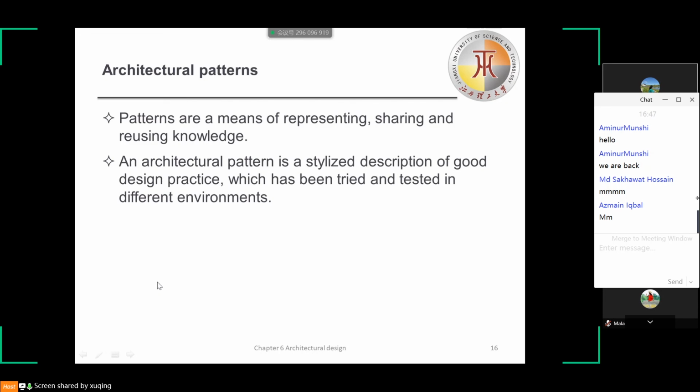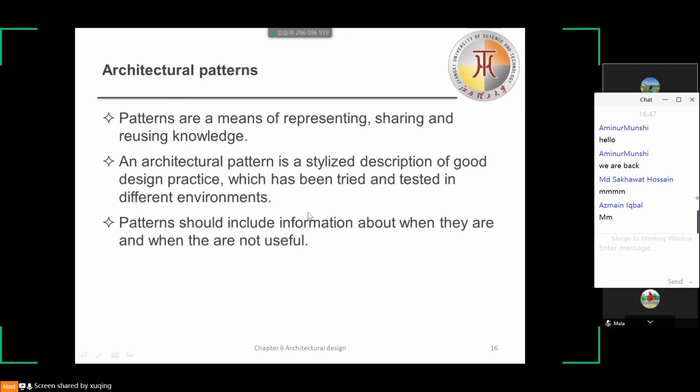So an architectural pattern should describe a system organization that has been successful in previous systems. And a pattern like this should include information about when it is and when it is not appropriate to use that pattern, and the pattern's strengths and weaknesses.